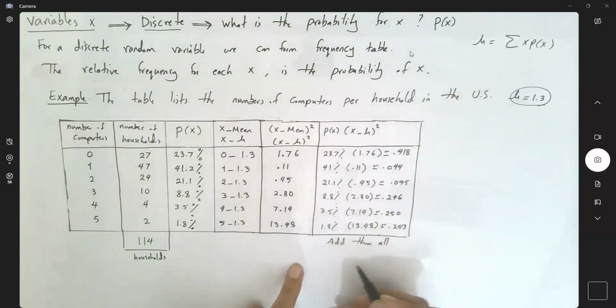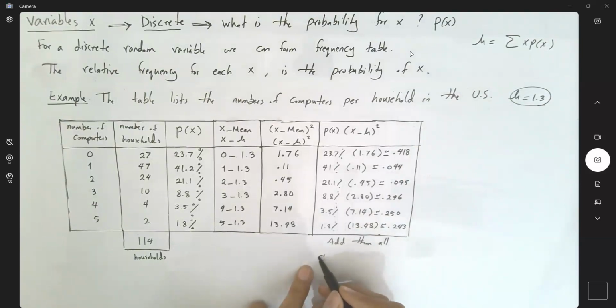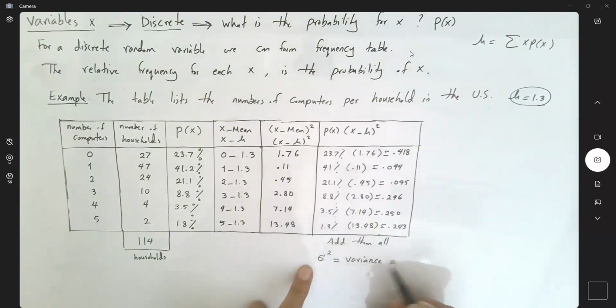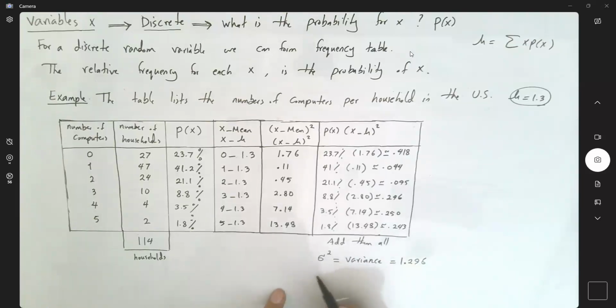Add them all. If you add these together, you get your sigma squared, which is your variance. The variance is equal to 1.296. But standard deviation, sigma, is the square root of variance.